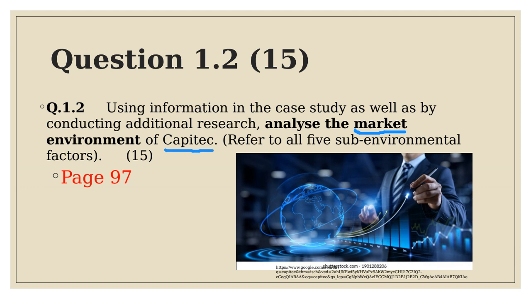You'll see that in our textbook, they give us 5 factors within the market environment, and your job for this question is to analyze each one of those 5 factors.